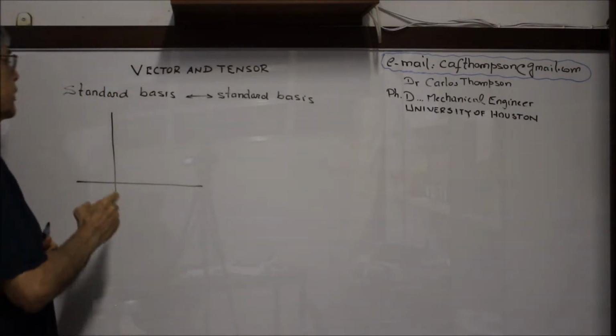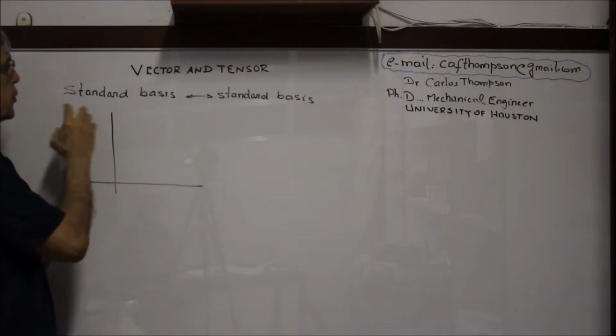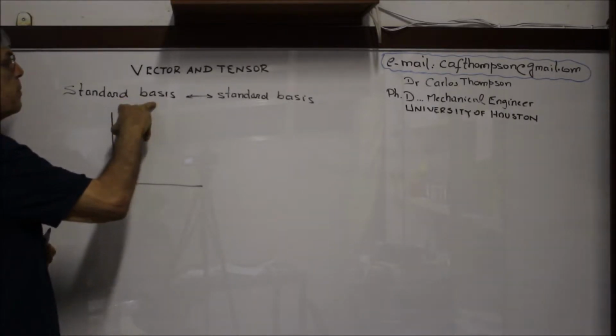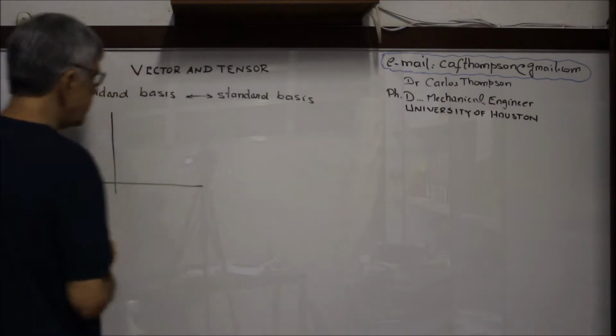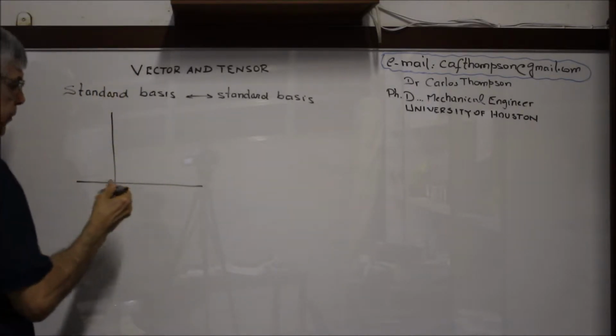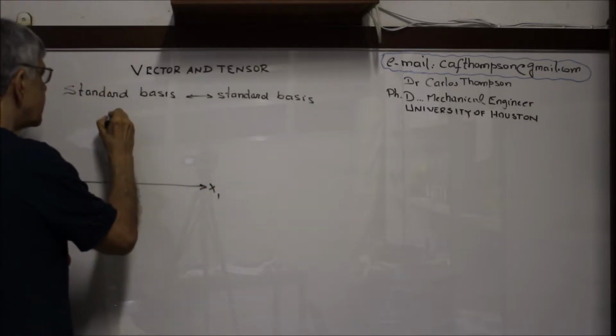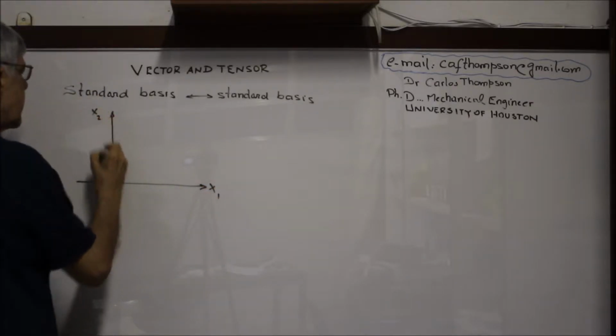let's find a matrix which correlates the standard basis to another standard basis by rotation. So this is my x1, this is my x2.